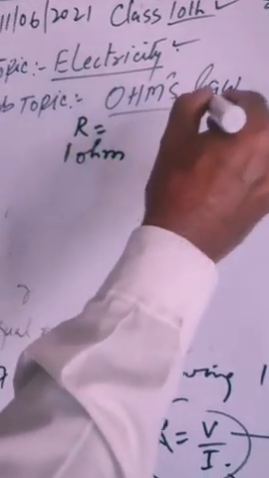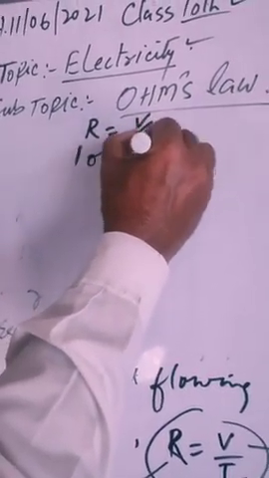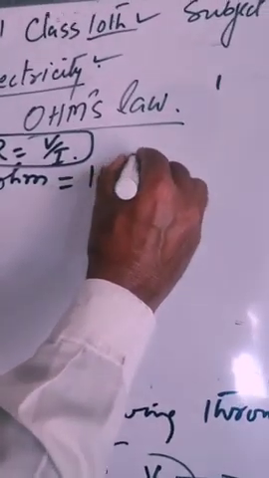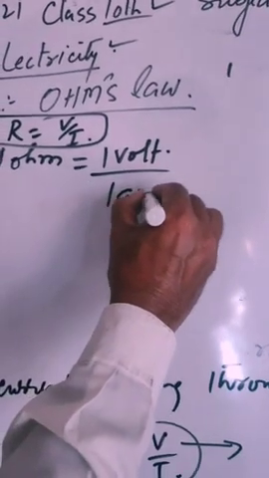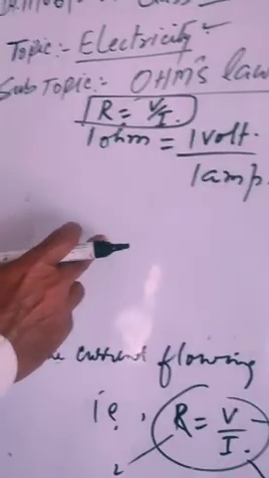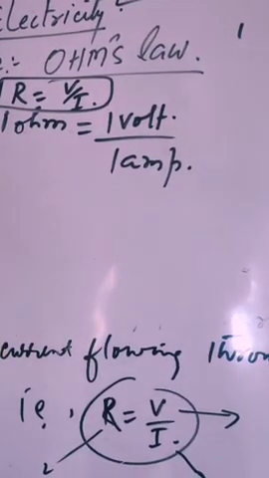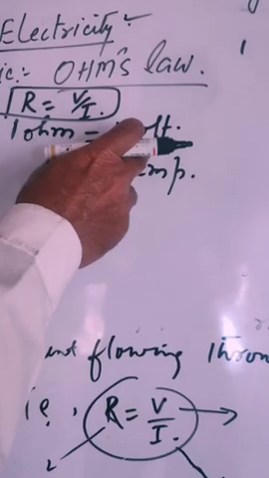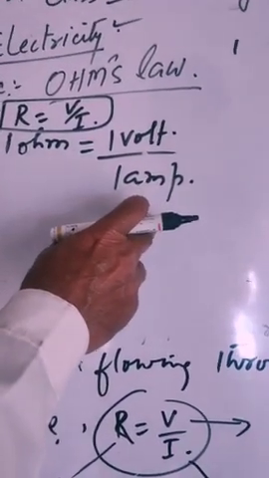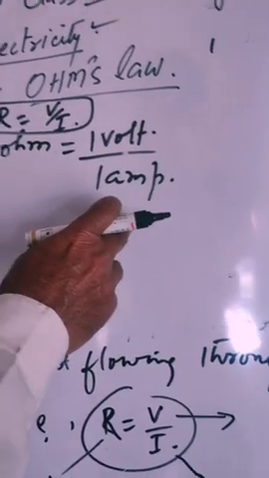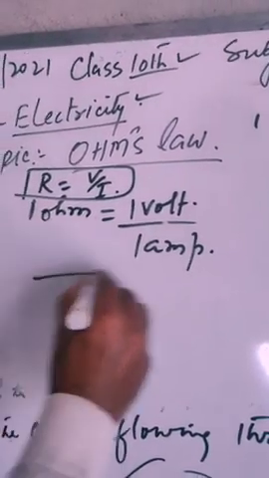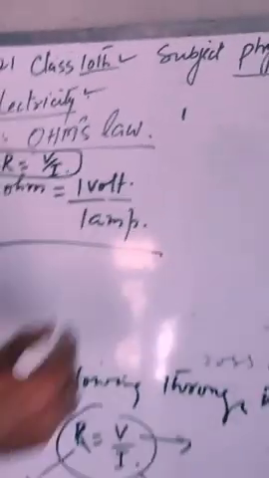R is equal to V by I, so 1 ohm is equal to 1 volt per 1 ampere. 1 ohm is the resistance of a conductor such that when a potential difference of 1 volt is applied to its ends, a current of 1 ampere flows through it. This is regarding the resistance of a conductor.